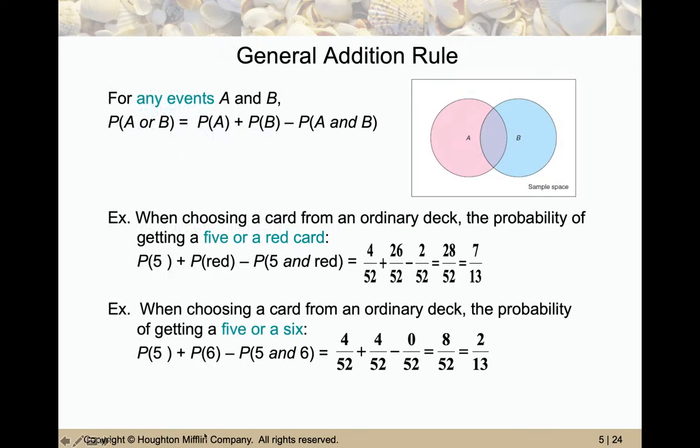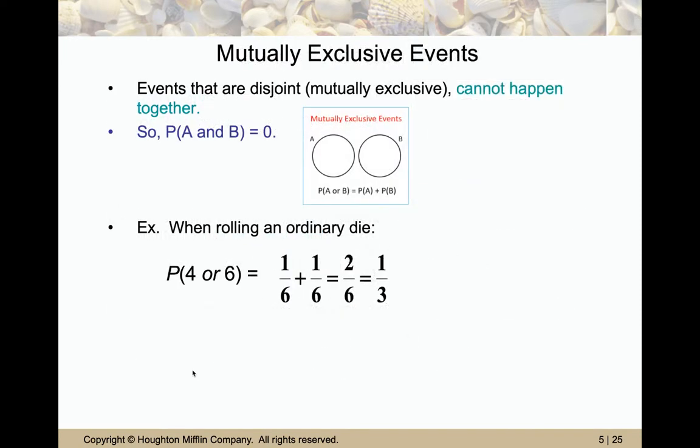All right, so these events here, being a 5 and a 6, those are mutually exclusive. A 5 can be a 5 of hearts, a 5 of diamonds, a 5 of spades, a 5 of clubs, but it can't be a 5 and a 6 at the same time. So those are called disjoint or mutually exclusive. Events that are disjoint, or another way of saying mutually exclusive, cannot happen together.